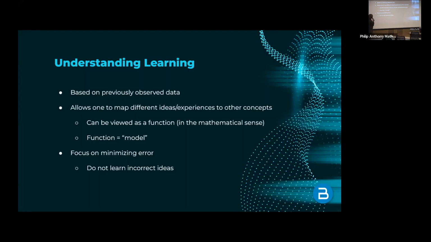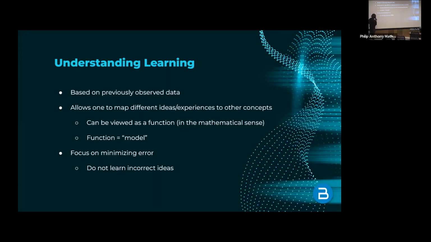So, like I said before, learning is essentially based on previously observed data. The machine's going to learn patterns and all that good stuff, and then it's going to adjust its parameters, its rules, to make a model or a function that will hopefully predict on new data, right?